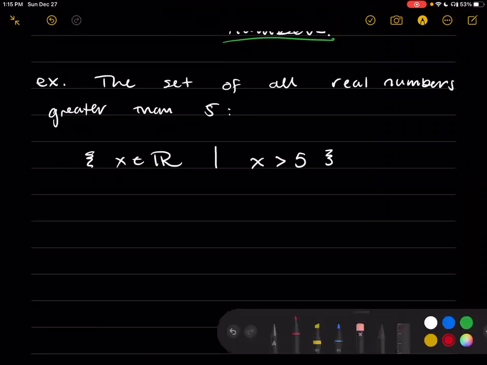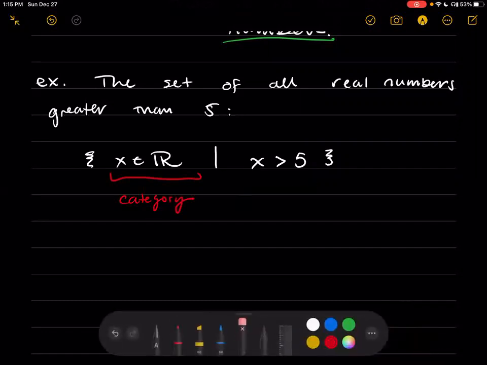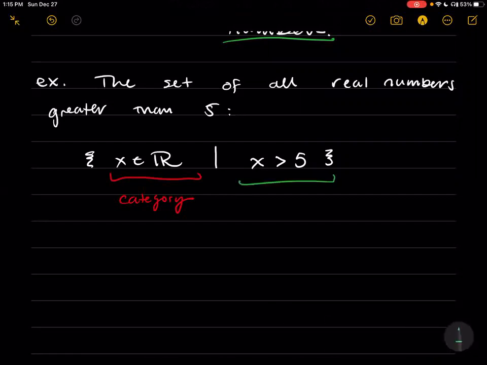So remember, this is the broad category of things that we're looking at, and then the right side is the restrictions or conditions.